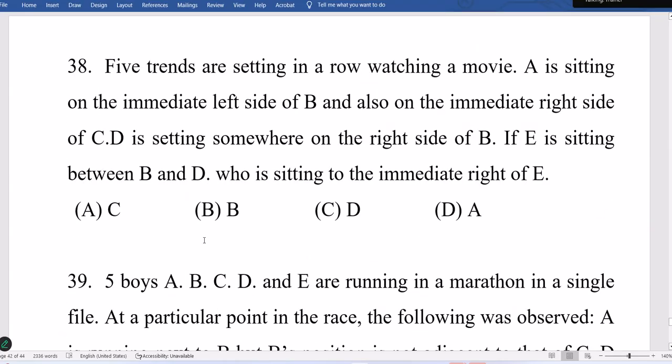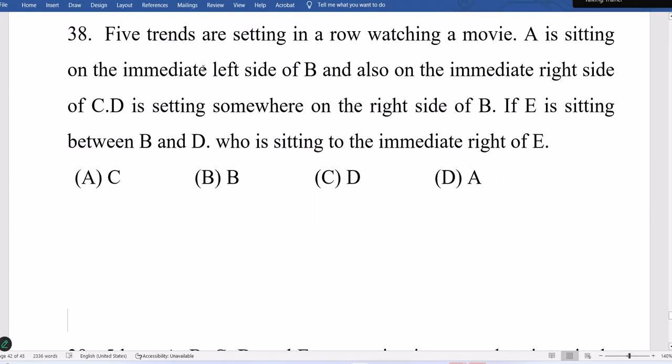Now see the next question related to arrangements. Let me wait for your answer.